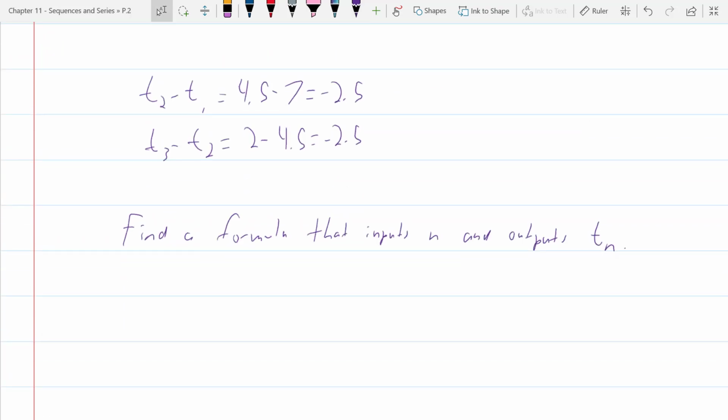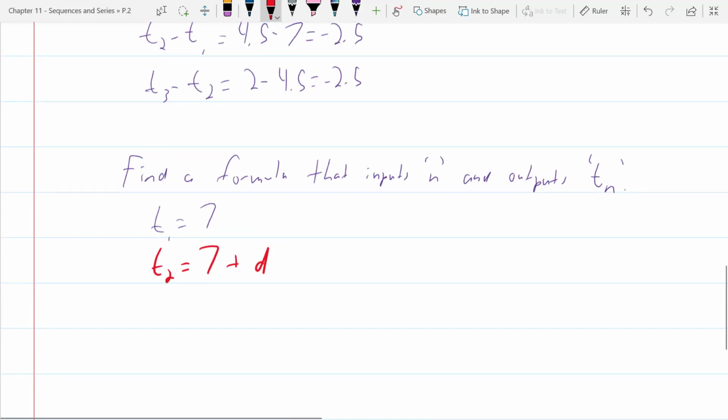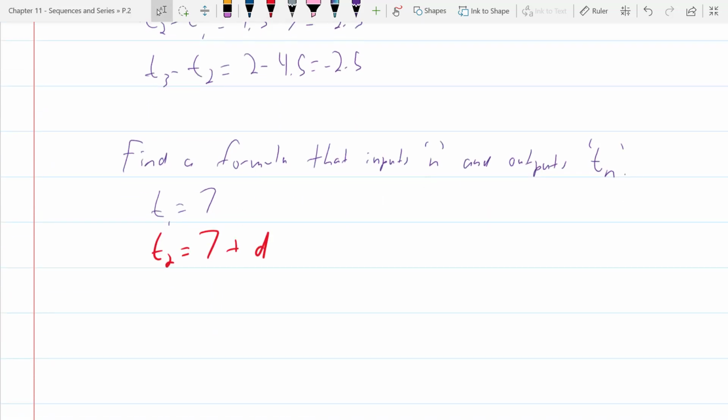Well, if I want a formula that inputs n and outputs t sub n, I know that t of 1 is equal to 7. I'm going to start with that. And I know that t of 2 is equal to 7 plus the common difference, which was negative 2.5. Now, I know that, but I'm not going to put that right away. That 7 was t of 1 plus d.